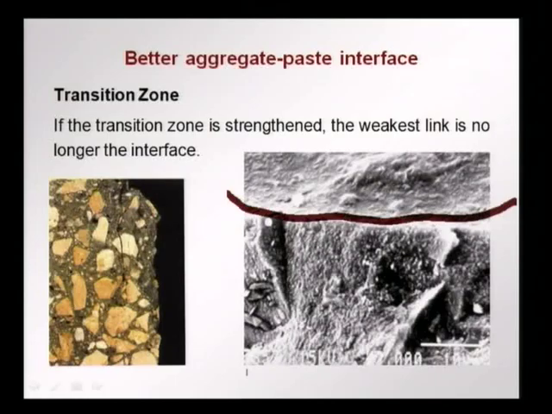So, higher strength concrete is generally more brittle, and the reason is this, that we have made the interface strong and therefore the aggregates break, the crack goes smoothly through the aggregates instead of going around the aggregates and being deviated by the aggregates.